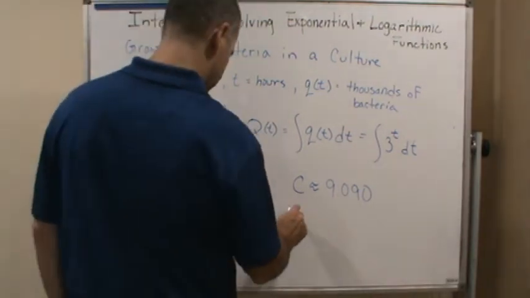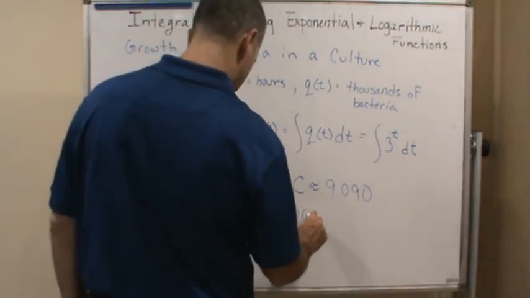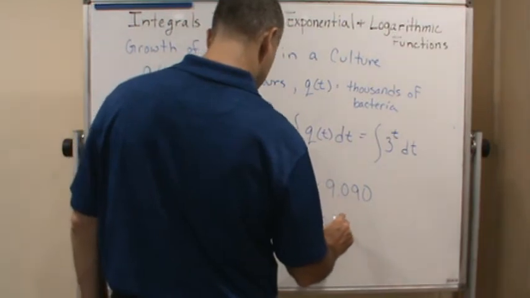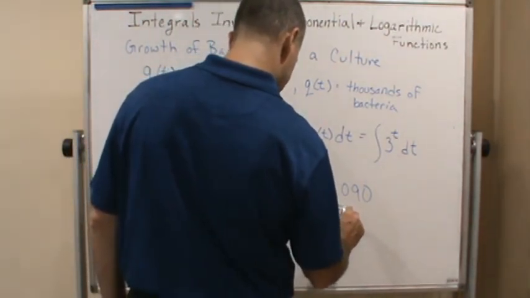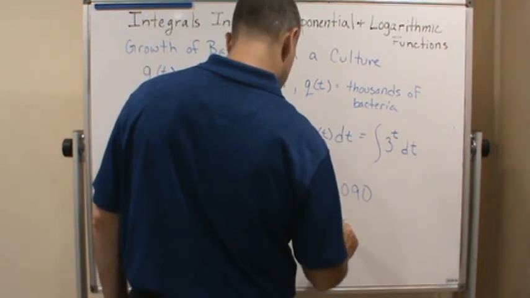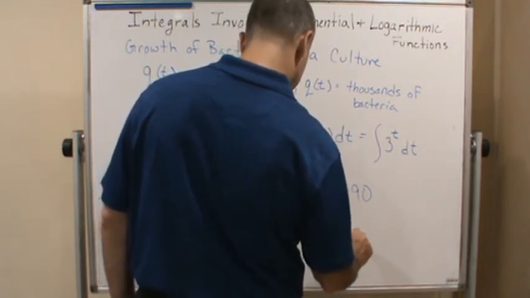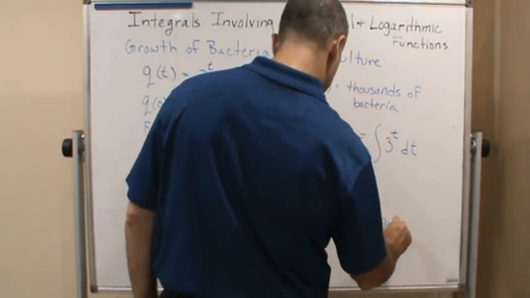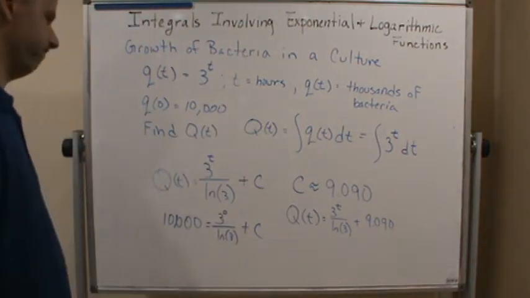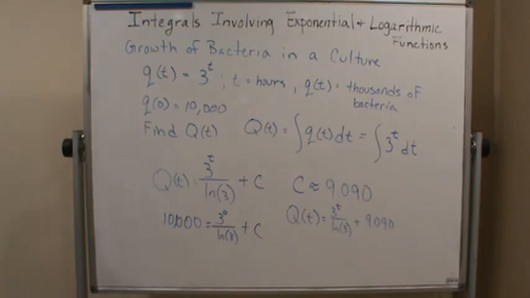And so the function becomes Q of t equals 3 to the t over the natural log of 3 plus 9.090.